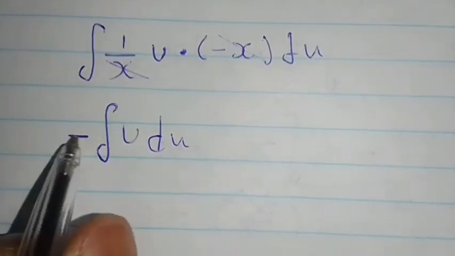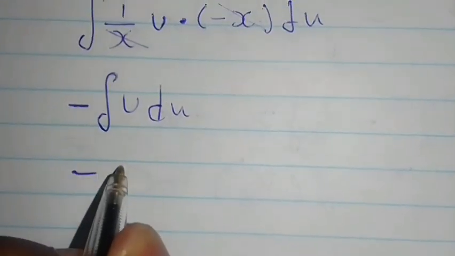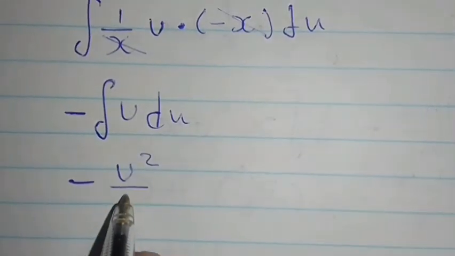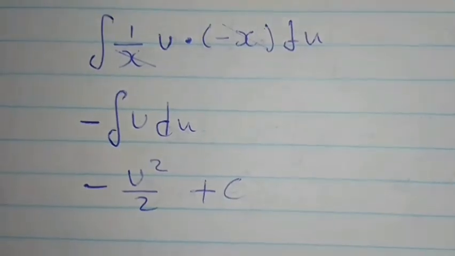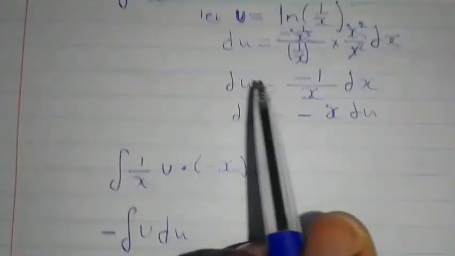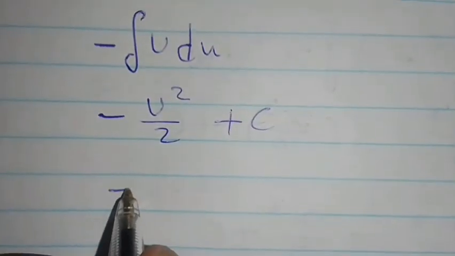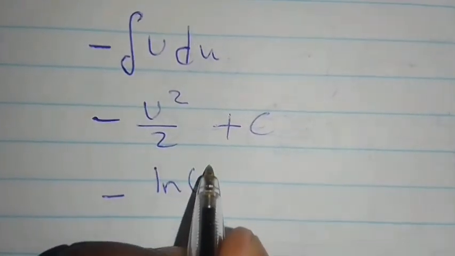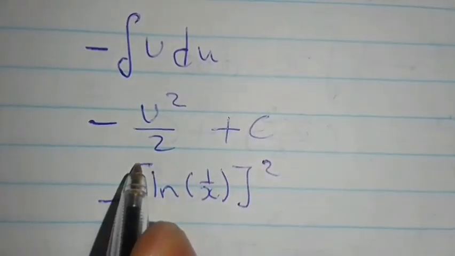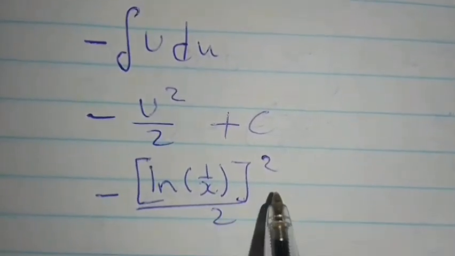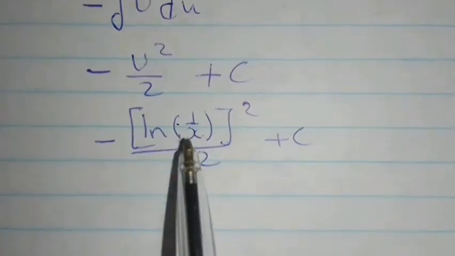What is the integral of u? The integral of u is going to be u squared divided by 2, or half u squared. Then don't forget to add that constant when you're done. But now what's u? U is equal to the natural log of 1 over x. Then you substitute that back in, the natural log of 1 over x, squared, and then you divide by 2, and you add your constant, and now you can further simplify this.